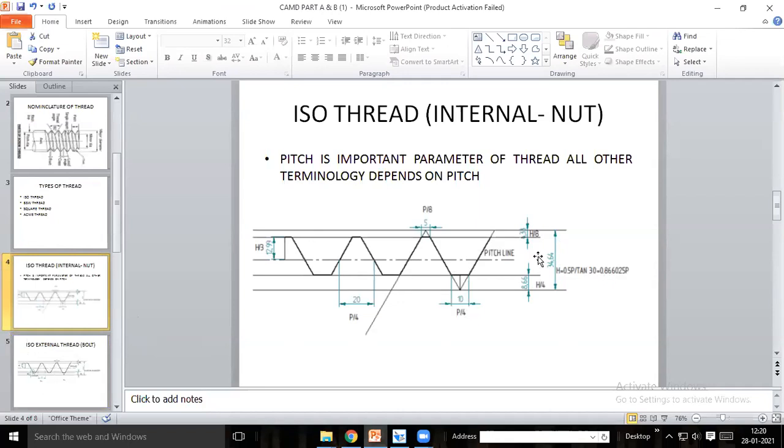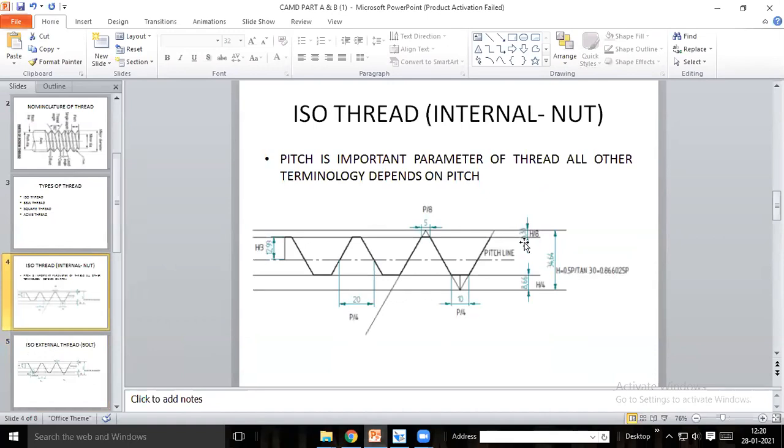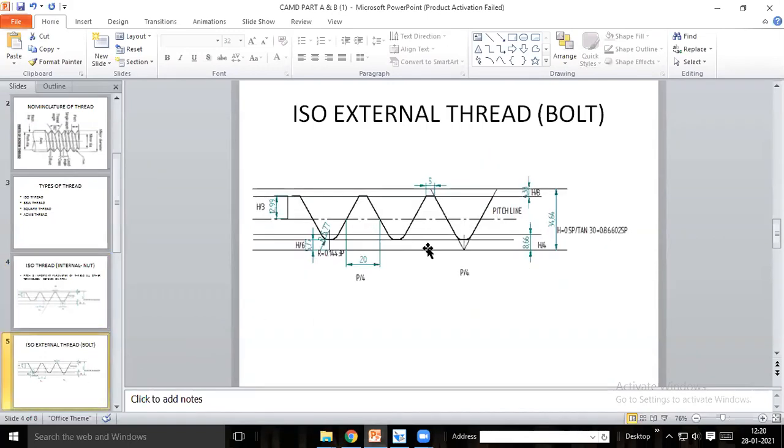And here, at the top you will have H by 8, at the bottom it is H by 4 when you are drawing an internal thread. When you are drawing an external thread, it is also H by 8, H by 4. When you get this type of curved profile instead of flat, from this line you will have H by 4, H by 6.